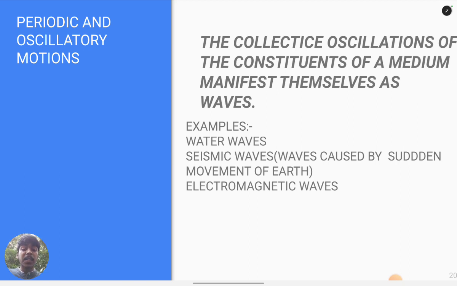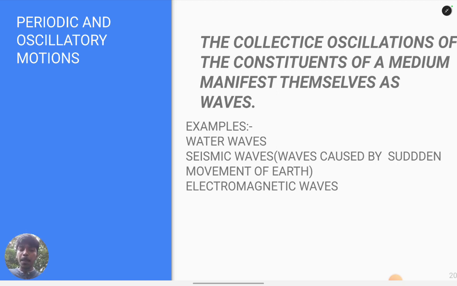Seismic waves are caused by sudden movement of the earth. When tectonic plates suddenly move, it produces waves which lead to earthquakes. Those seismic waves are examples of waves, caused by a sudden disturbance such as in the tectonic plates of the earth. It may cause earthquakes.